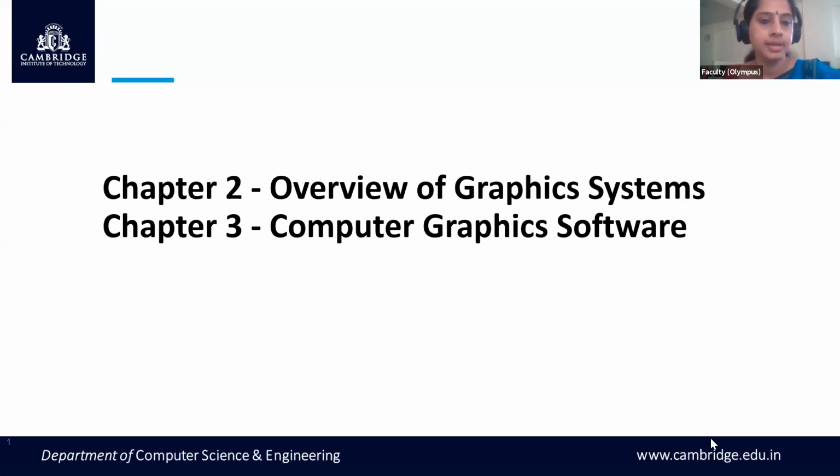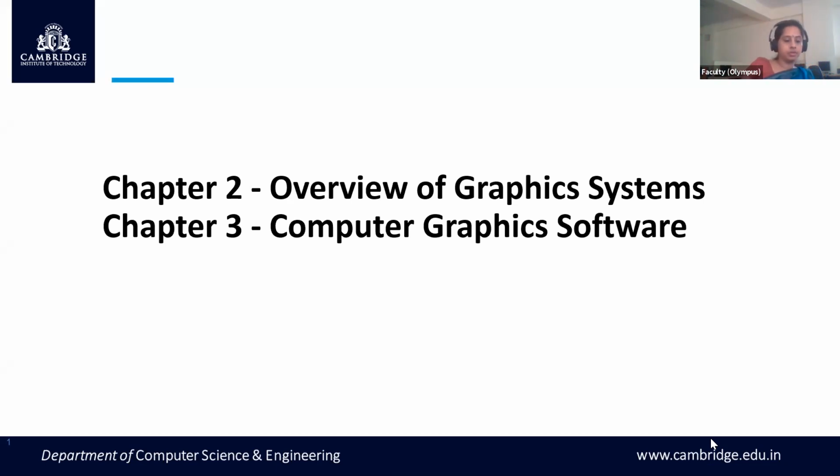Yes, good morning once again. I'm naming this according to the textbook. Chapter 1 was completely about the applications. Chapter 2 is overview of graphic systems. This chapter naming is based on the fourth edition of Hearn and Baker's Computer Graphics.